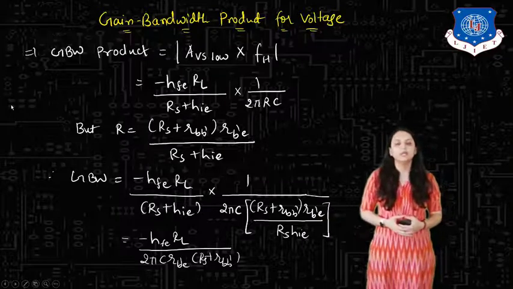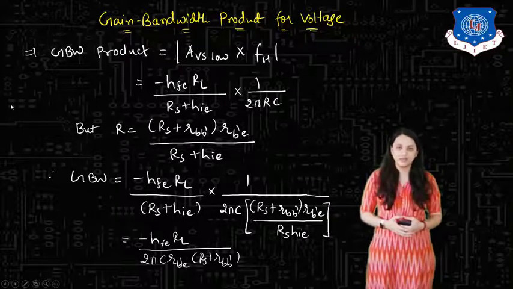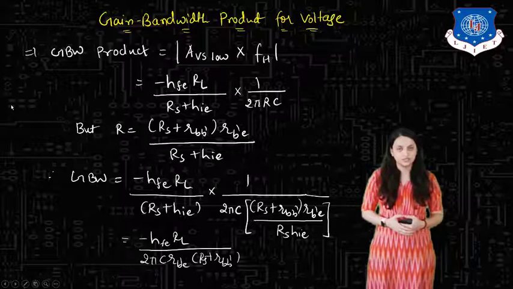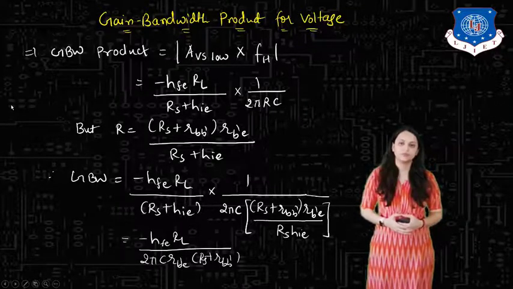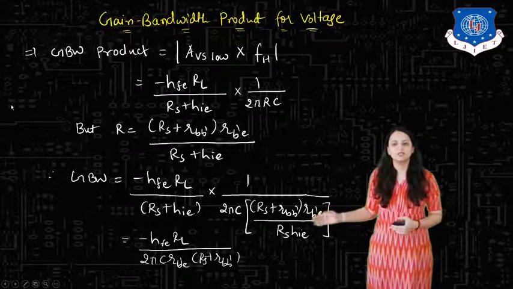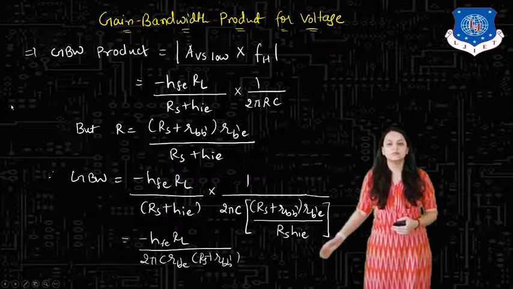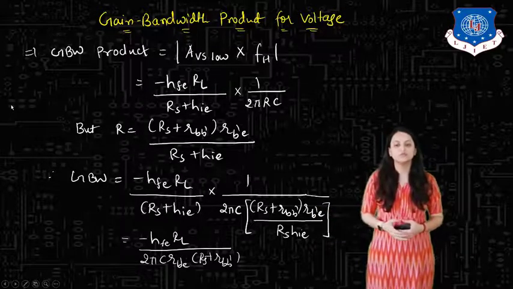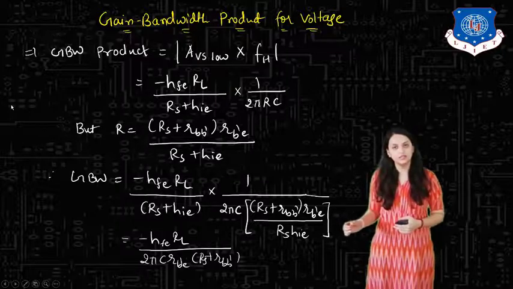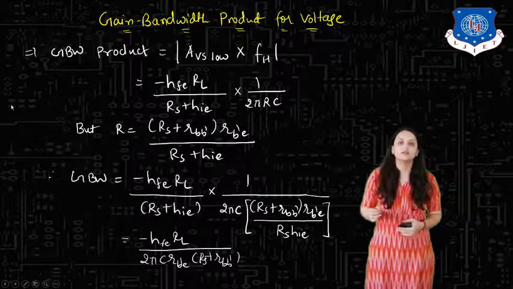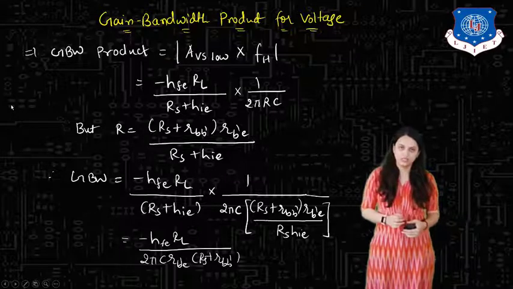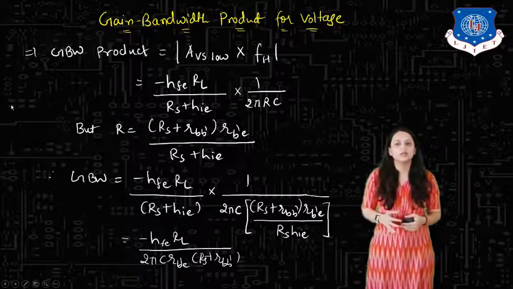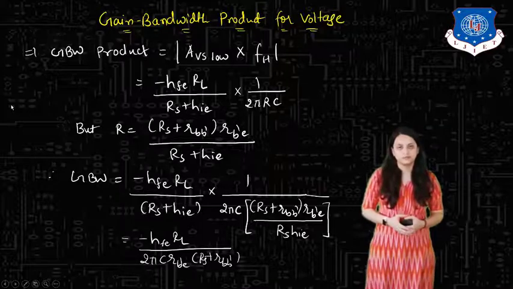So that will be Rs plus rbb' into rb'e divided by Rs into hie. If we simplify this equation, we will get the last term, GBW product, that is equal to minus hfe into RL divided by 2 pi C rb'e into Rs plus rbb'.